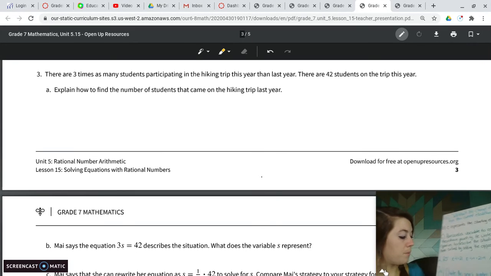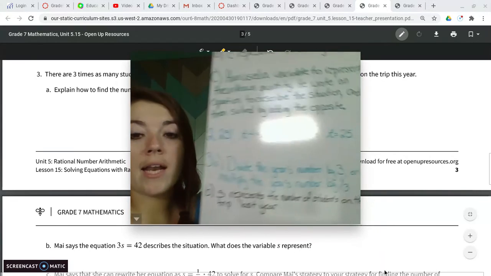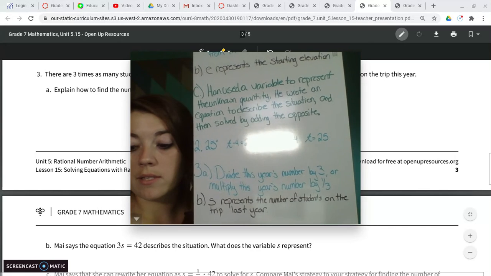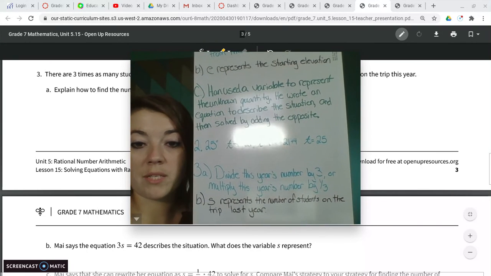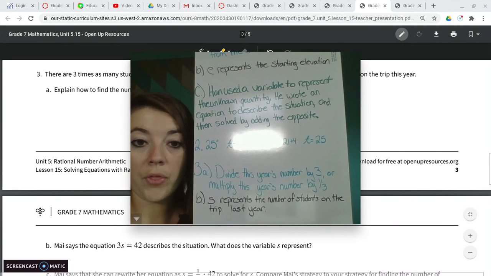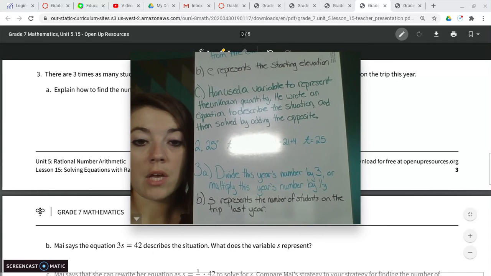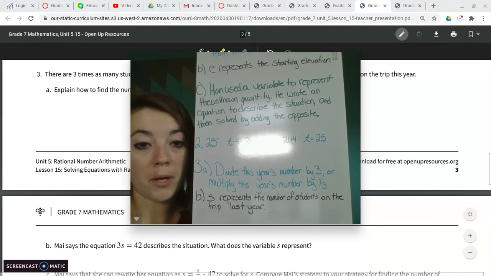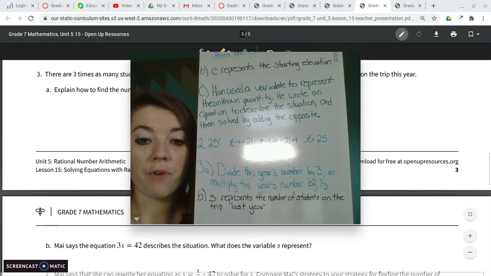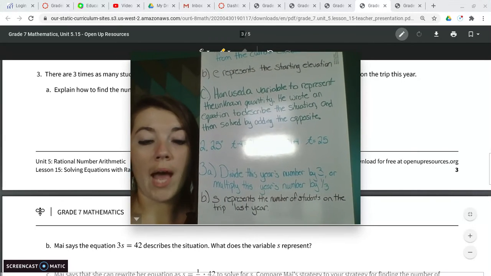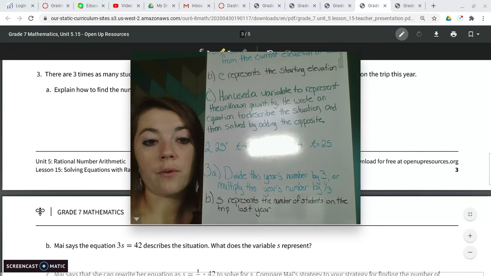So for this one, divide this year's number by 3, since it said there's 3 times as many students participating, or multiply by 1/3. Remember, we can always use reciprocals. So instead of dividing, we can always just multiply, and worry about multiplying with fractions. So that's how we can find this new value.